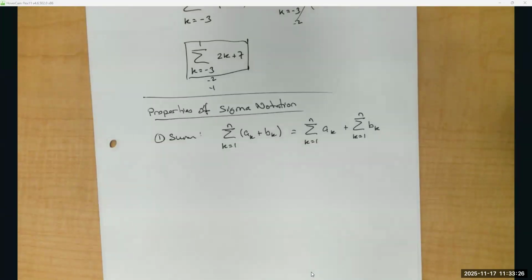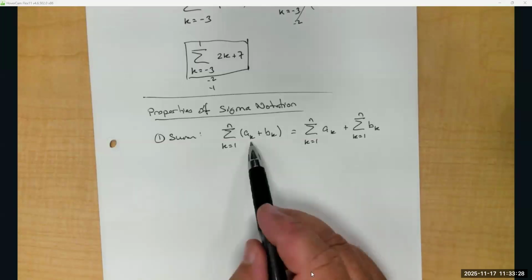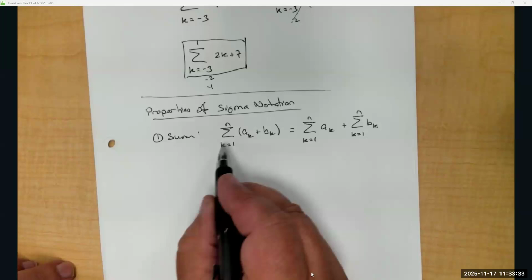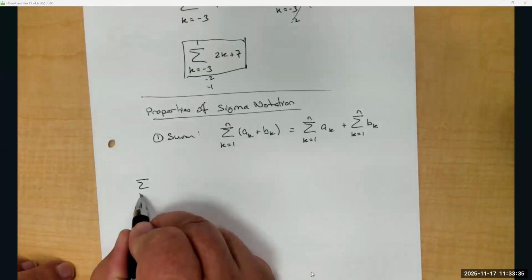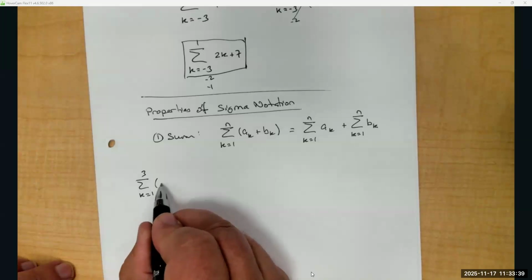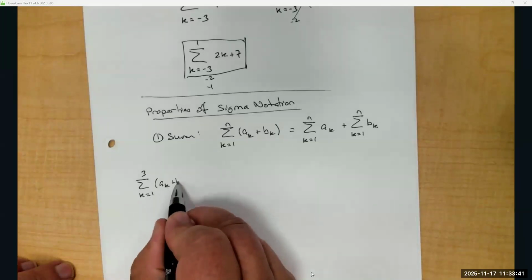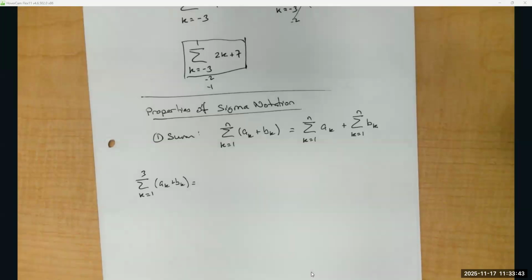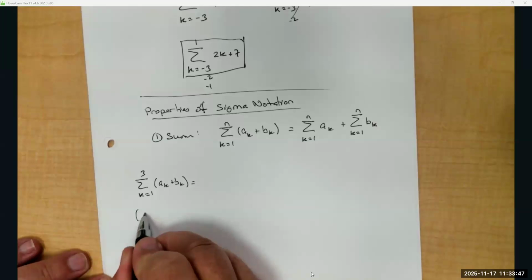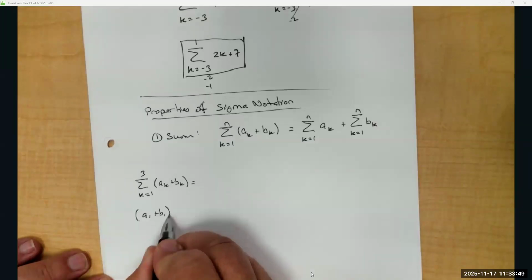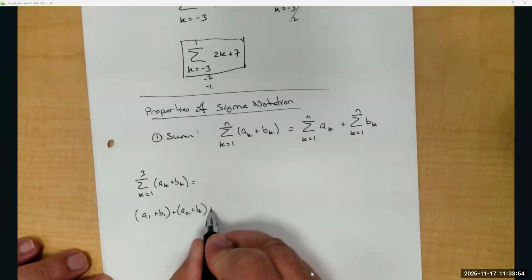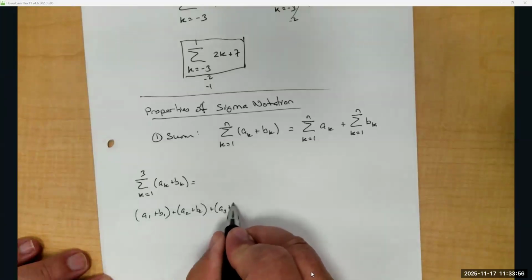And the proof of these is pretty straightforward. Because if we had this, let's say it went from 1 to 3, what we would have would be A1 plus B1, A2 plus B2, A3 plus B3.